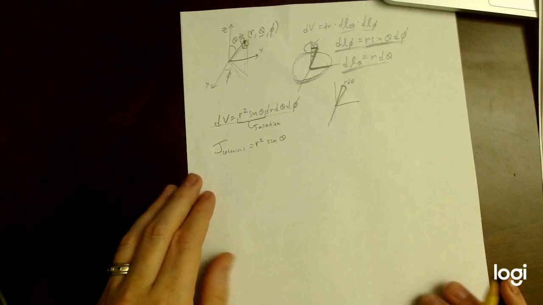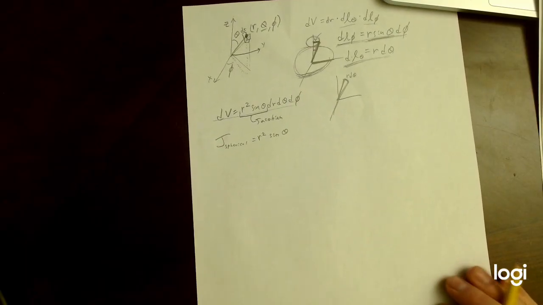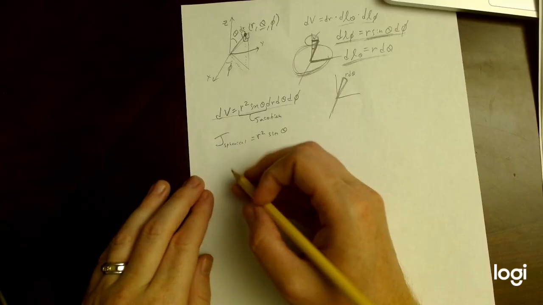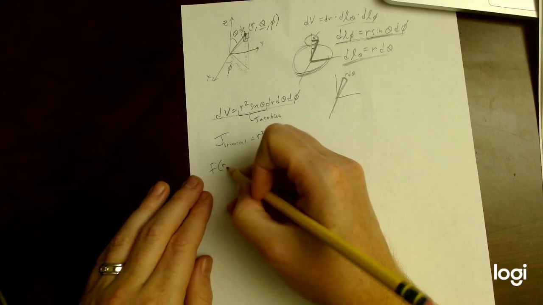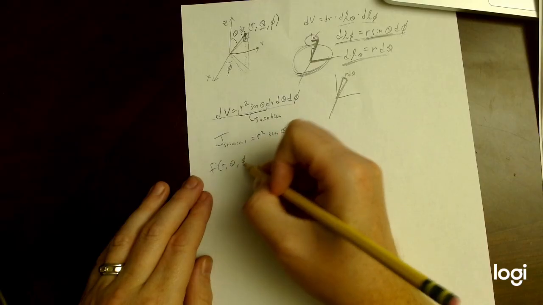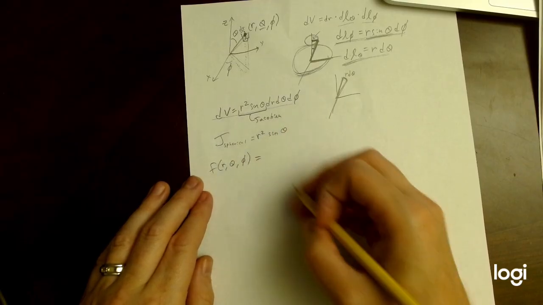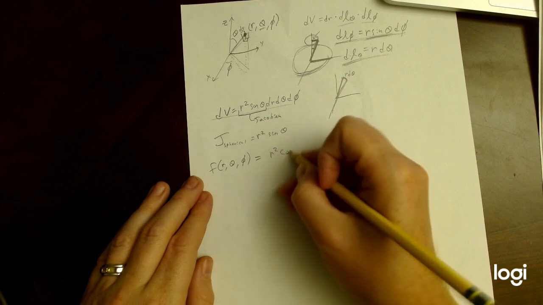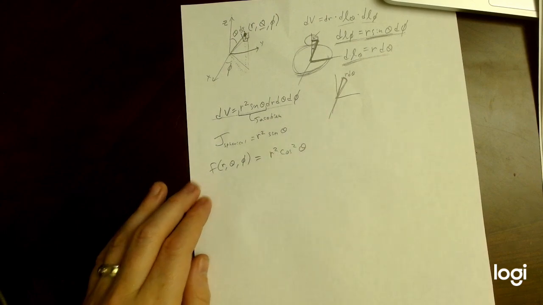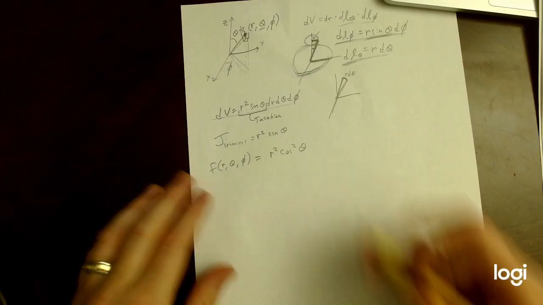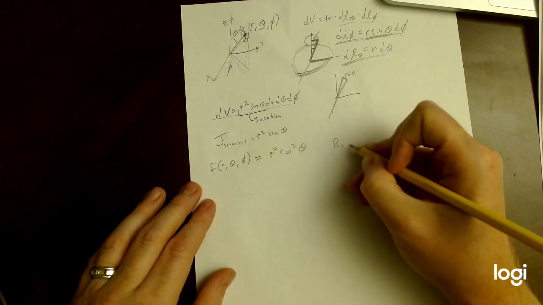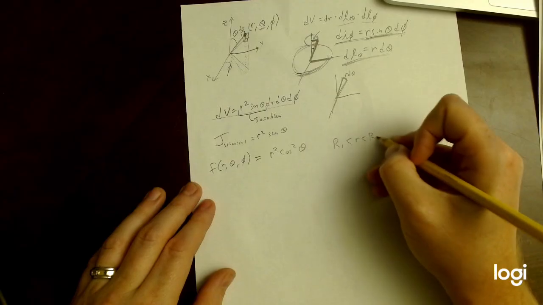So to do a quick example in this coordinate system, before we go on and do our exercise that I had given out last Friday, let's define a function f of r, theta, phi, and this function is r squared cosine squared theta. And let's say we want to calculate the value of this over a volume defined as a spherical shell centered at the origin and ranging between the values r1 and r2.